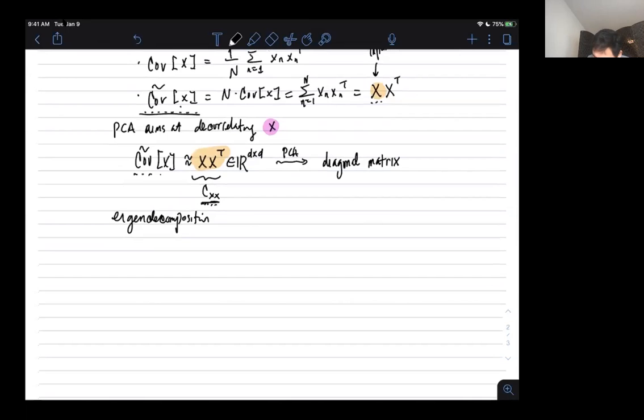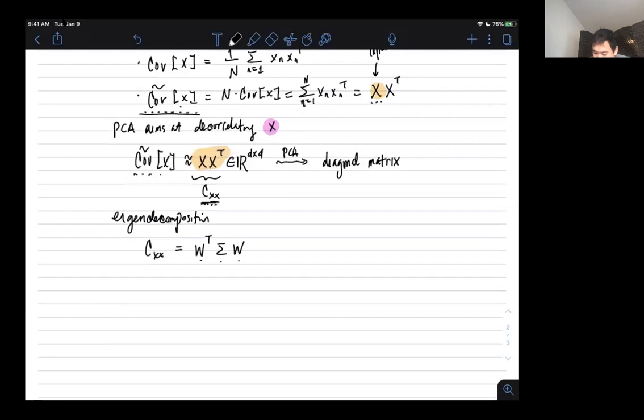So in the eigen decomposition, we're going to take this CXX matrix, which is a square matrix because it's a D by D matrix, into a product of W transpose, sigma, and W. These W's are essentially the weight matrices. We're going to see how they are weight matrices. And this sigma is going to be a diagonal matrix.